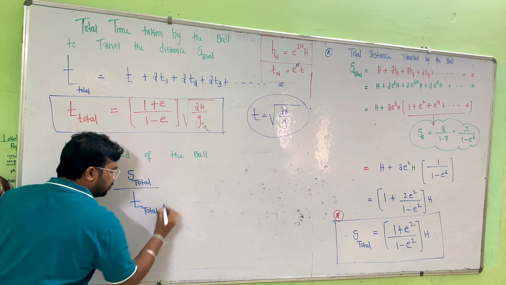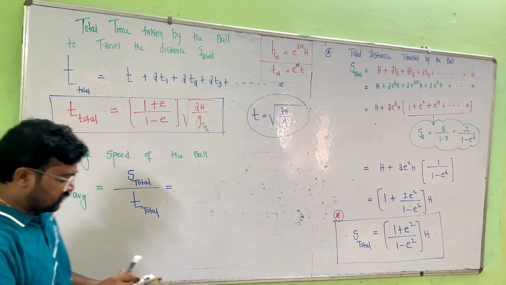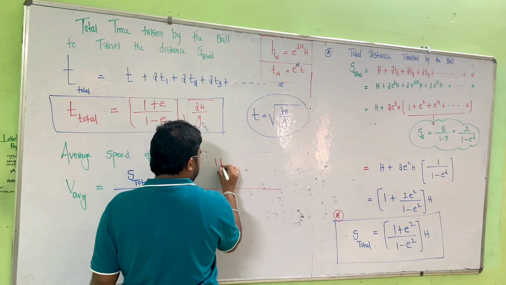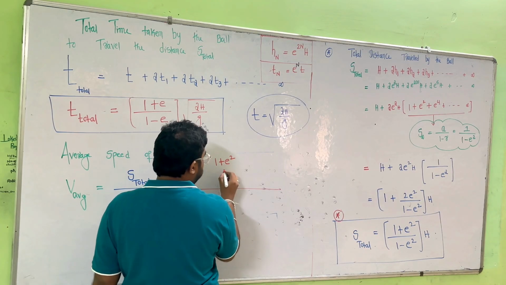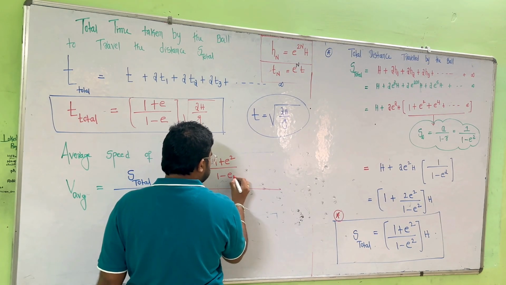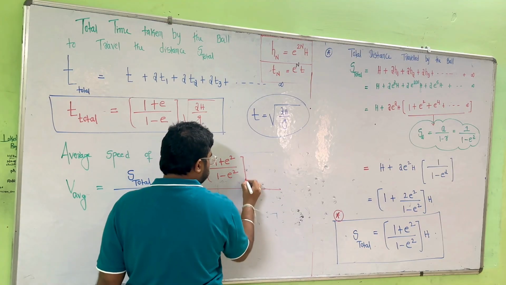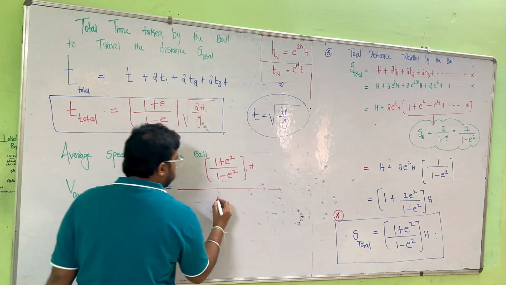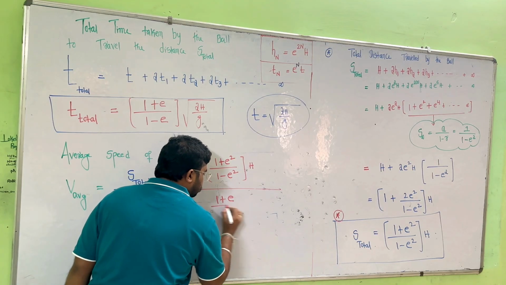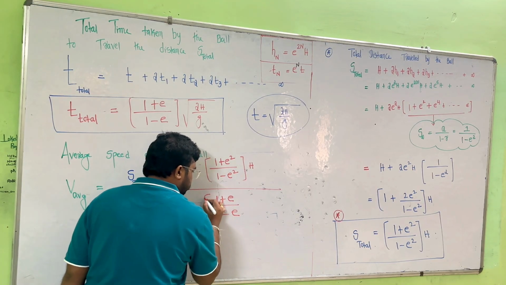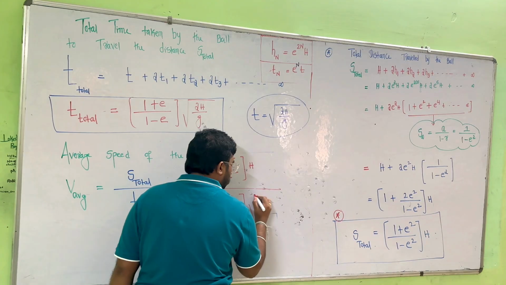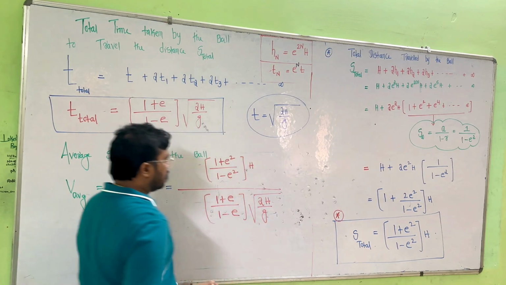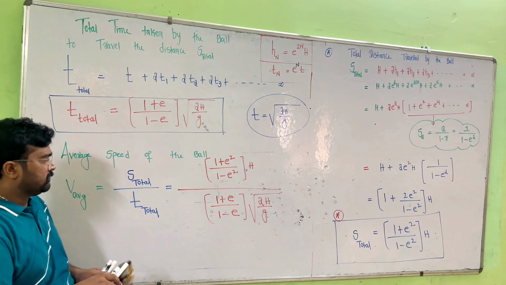That equals (1 plus e square by 1 minus e square) into h, divided by (1 plus e by 1 minus e) into square root of 2h by g.